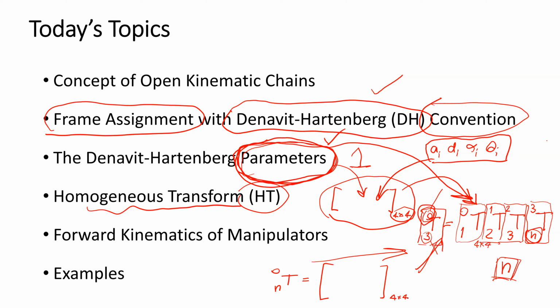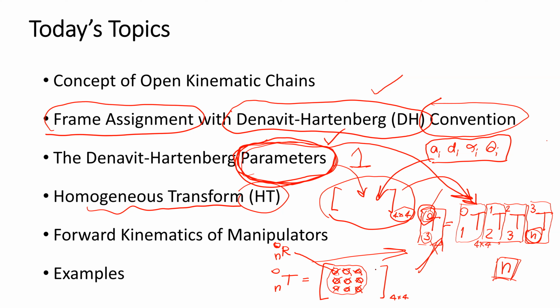And this matrix is a homogeneous transform. We know that the 9 components in the homogeneous transform will represent the rotational matrix of frame n with respect to frame 0.